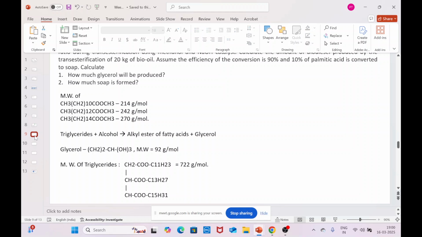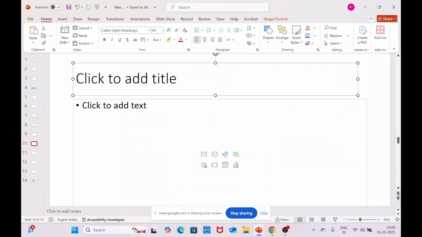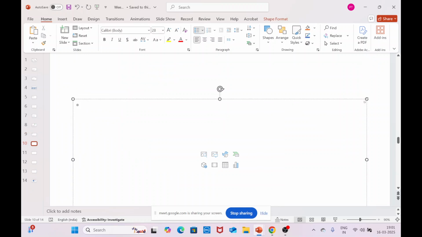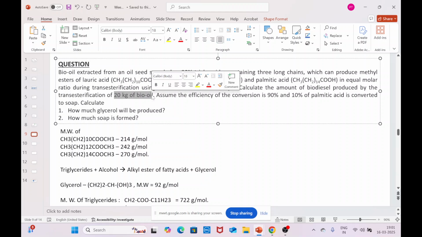722. So here our basis is going to be 20 kg of bio oil, because we are taking 20 kg bio oil as our basis.